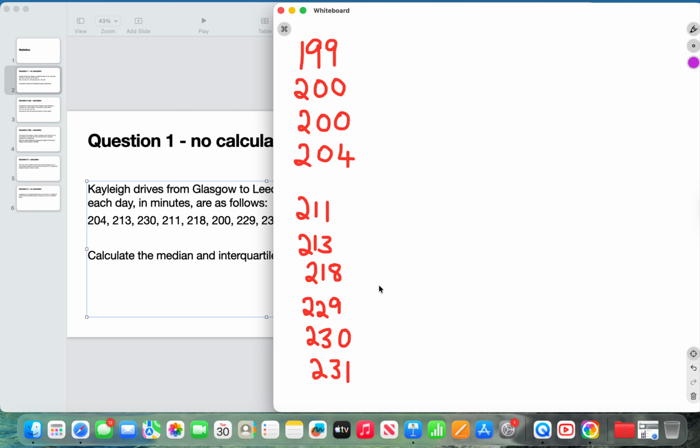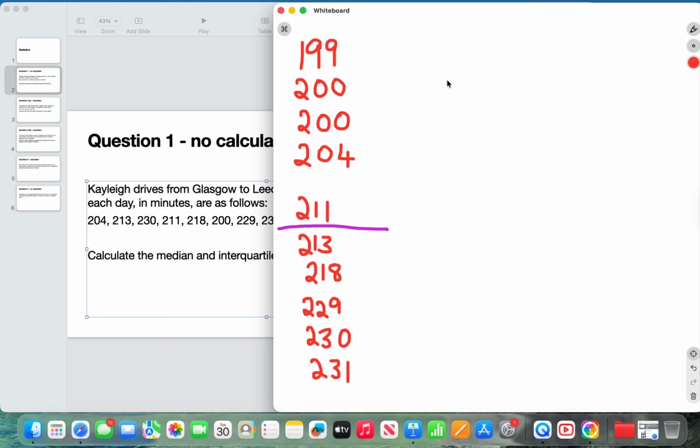Because it's an even number, we just split 5 on one side and 5 on the other. And the partition is between 211 and 213.